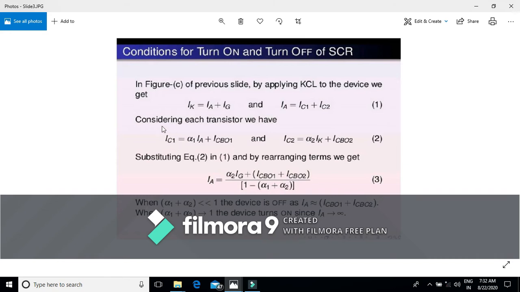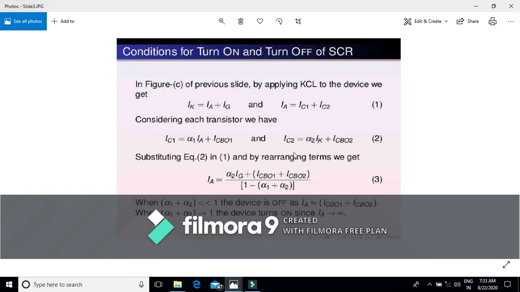Or we can say this ICBO is the common base leakage current of the collector base junction of transistor T1. That means IC1 represents the collector current. The relation is IC equals alpha times IE plus ICBO. For this transistor T1, we represent this with subscript 1: IC1 equals alpha 1, the common base current gain, times IA, that is the emitter current, plus ICBO1, the common base leakage current.